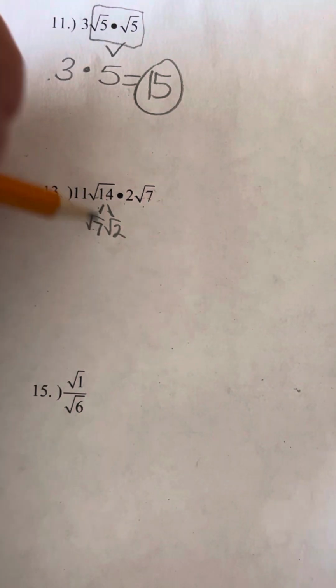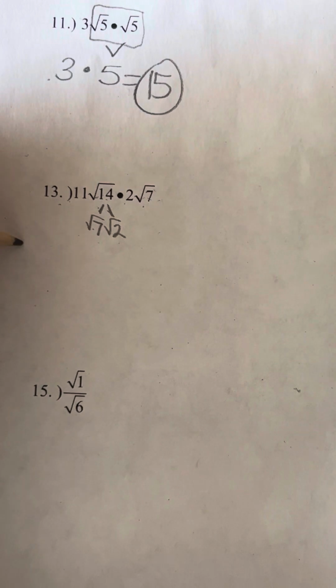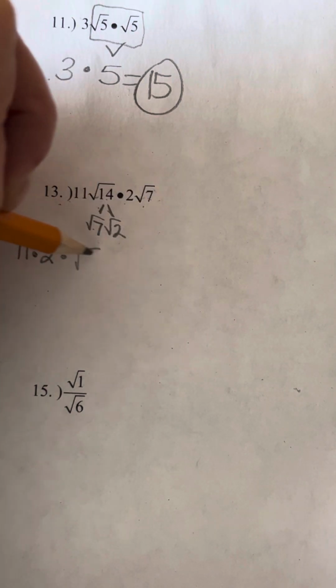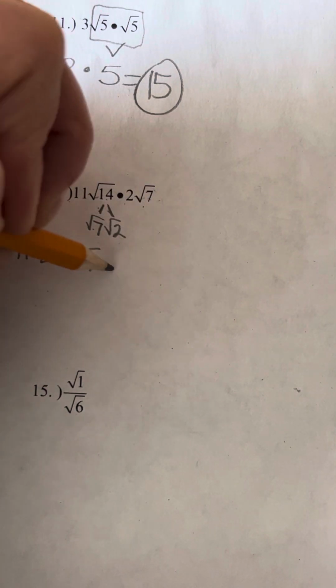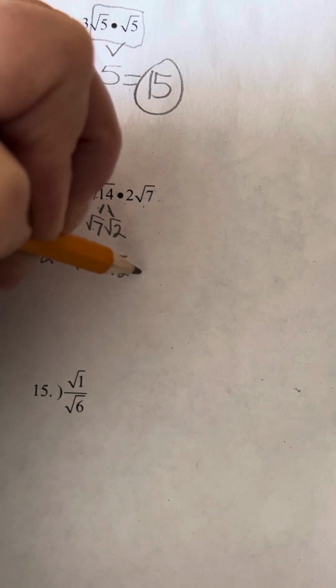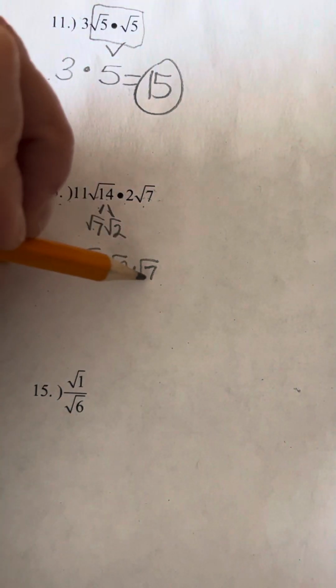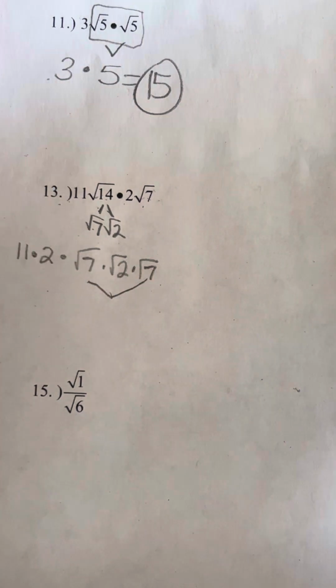Now again, because I have this, I'm just going to rearrange this. So the numbers that are outside the radical symbol, you can multiply. And then I'm going to put all 3 of these together next to each other. So this is what you have. And then what you can do is this pair is exactly the same.